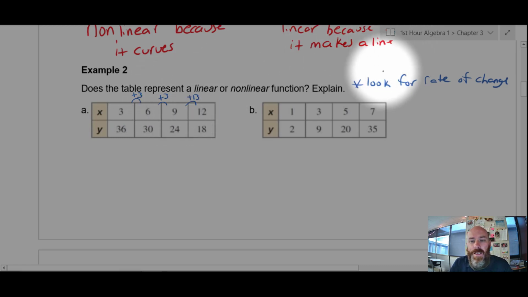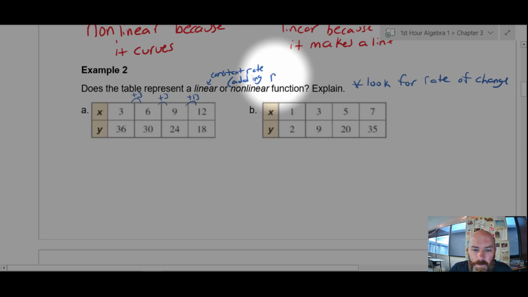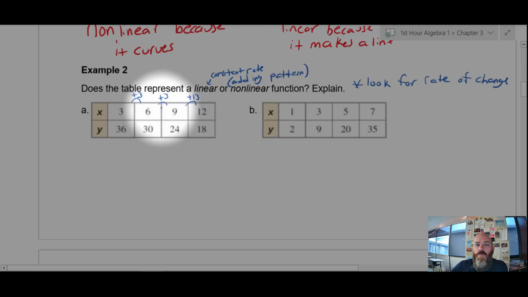Excellent. Now, when I say look for a rate of change, linears have a constant rate of change, which also means it's an adding pattern. So we're going to look down here. We're not looking for multiplication, we're looking for adding. So adding or subtracting, I should put it.